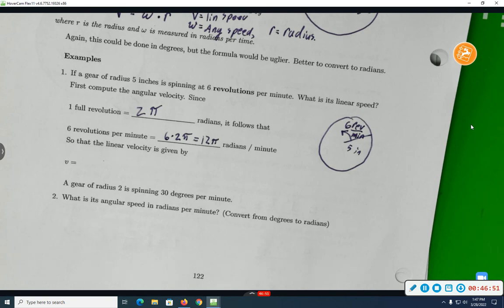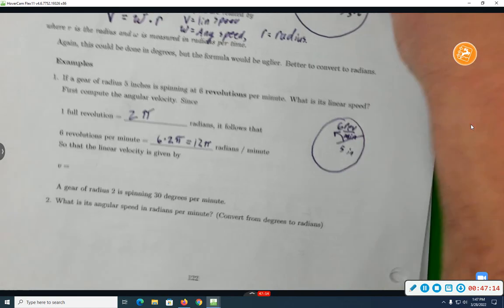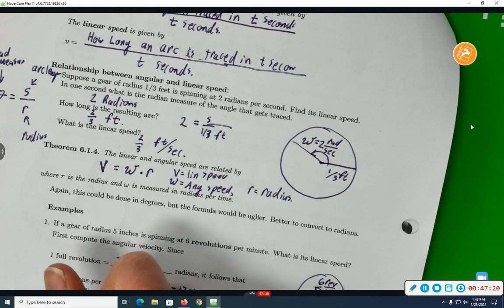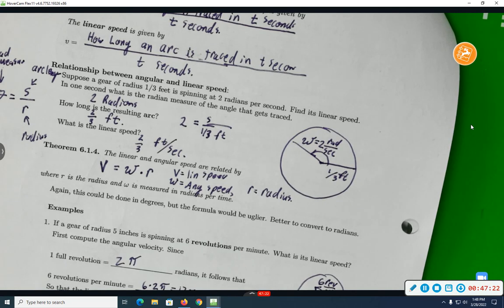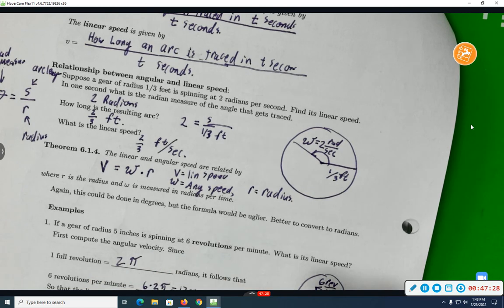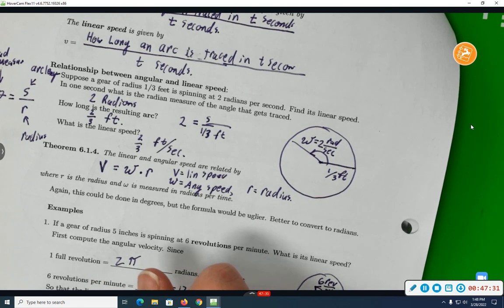Nice. All right. So now, do I know the radius of this circle? I hope so. It's 5 inches. Do I know the angular speed of this circle in radians per unit time? Nice. That means I can use this formula. Velocity is omega times radius, is 12 pi radians per second times the radius, which is 5 inches.